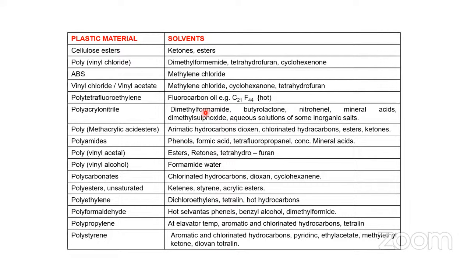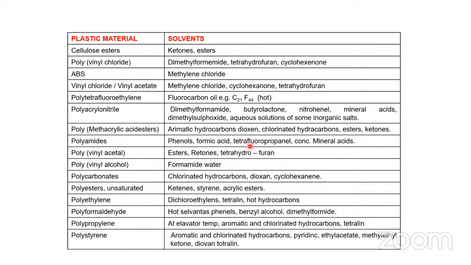If you see the table here, we have presented which plastic materials are soluble in which kinds of solvents. Polyamides, which are nylon and that kind of polymers, generally dissolve in phenols, formic acid, or tetrafluoropropanol.